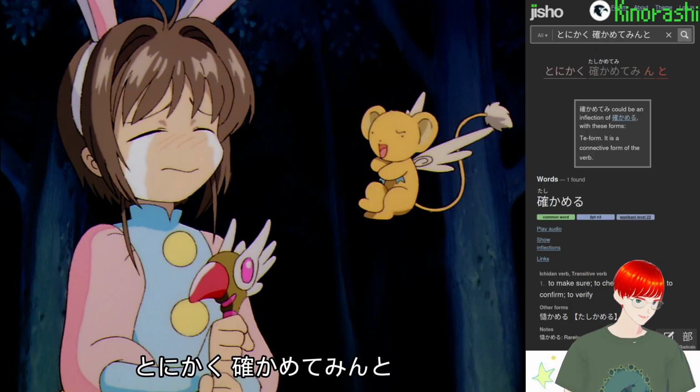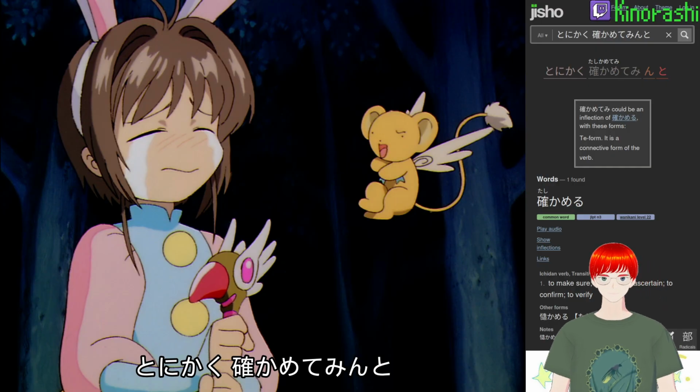A contraction of no, used here for emphasis or casual tone. To, a casual dialect, often Kansai region, or youthful contraction, or simply part of volitional flow.